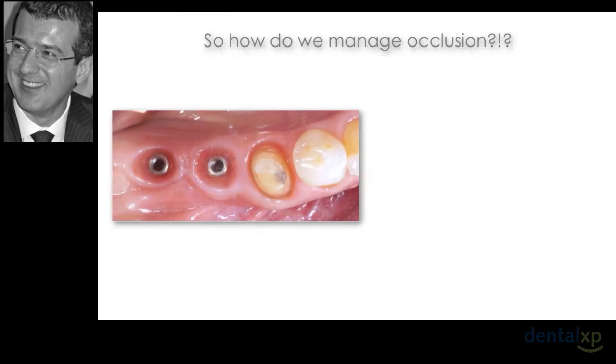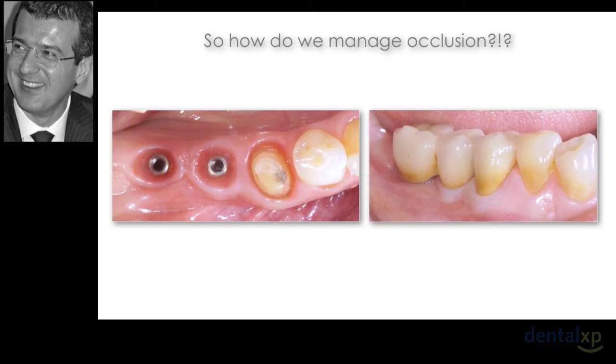So how do I manage occlusion if I have implants and restorations on natural teeth? Absolutely the same way. The morphology is absolutely the same. The kind of contact is checked in the same way. Do I want to have lateral gliding contacts on the crowns on the implants?